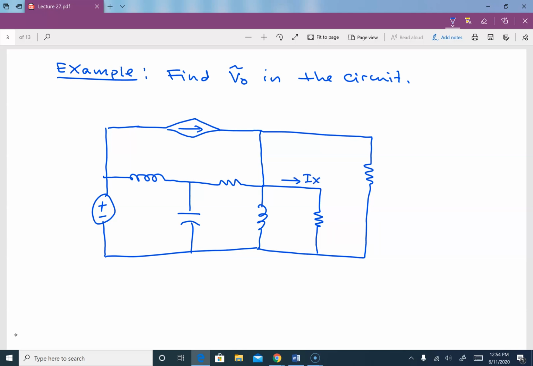This is where Ix is flowing. This is 2 ohm, 4 ohm, J2, 6, and this is where we need to find V naught, negative J2, J2. The current source here is for Ix, and our voltage here is 24 with angle 0 volts.